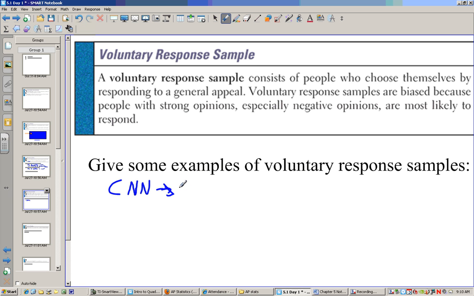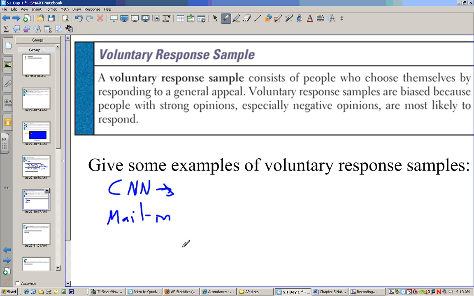So those polls tend to have like a 99, 98% approval rating because the only people who feel really strongly about it are calling in. Another voluntary response sample could be a mail-in survey.